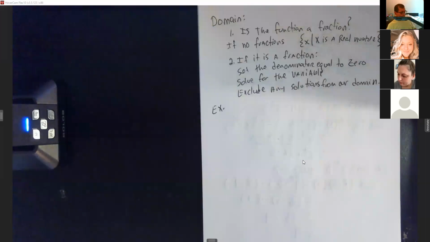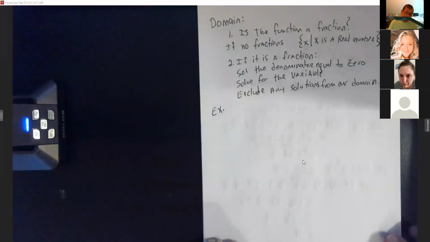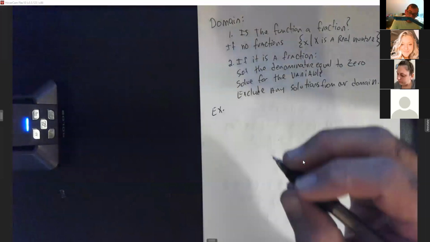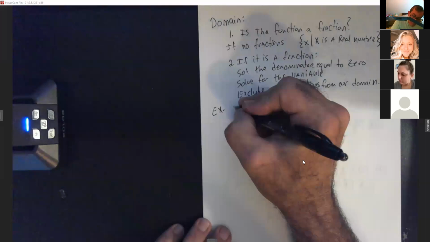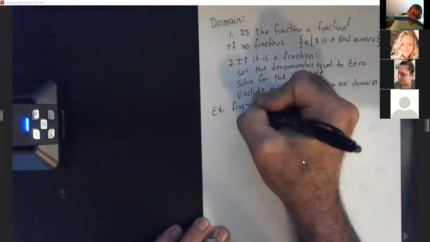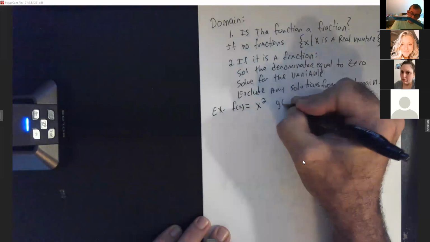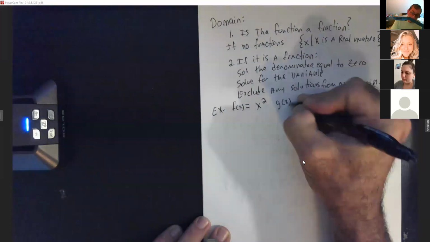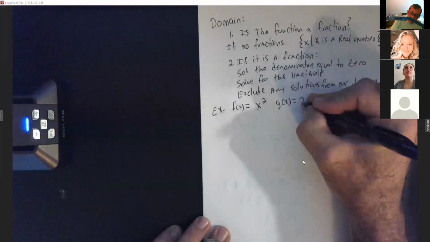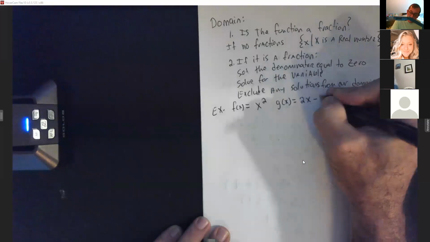So these problems are just designed to see if y'all are getting the idea of our domain down. So they're giving me f of x is going to equal x squared. G of x is going to equal 2x minus 7.